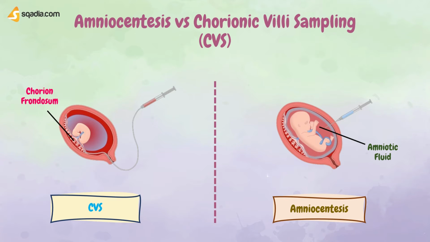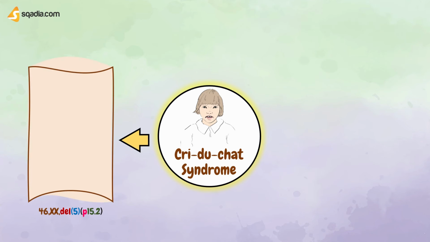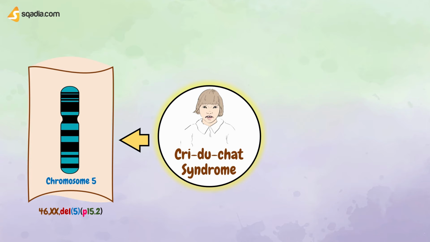First, a microdeletion syndrome is Cri-du-Chat syndrome. Genetics of Cri-du-Chat syndrome is 46,XX, del 5p15.2. It means there is a deletion on chromosome 5 at arm p of band 15.2.